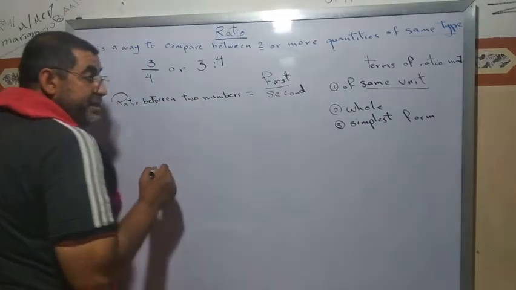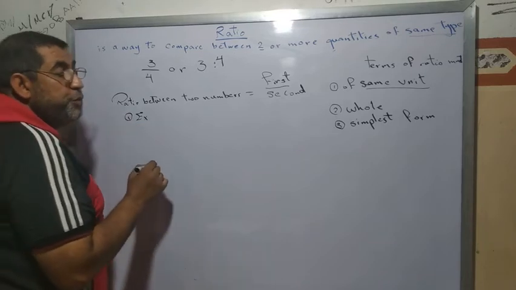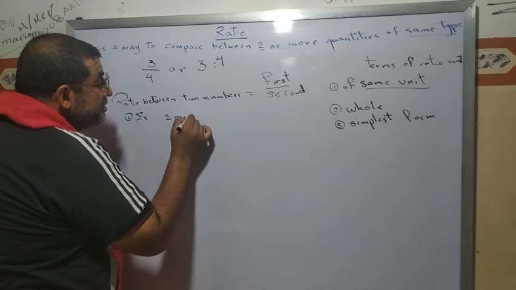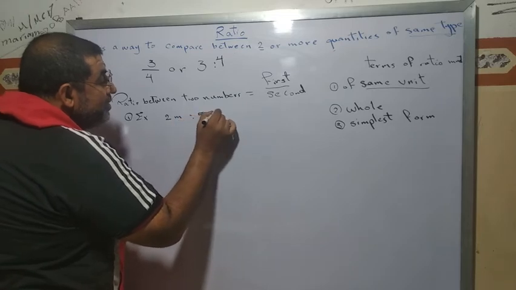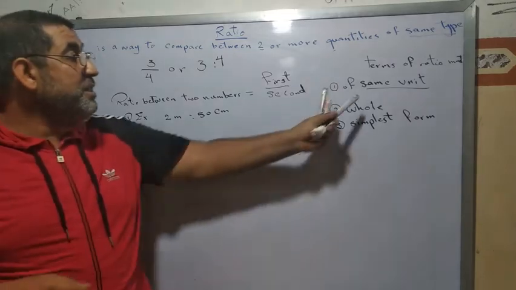Example for number 1: the ratio between 2 meters and 50 centimeters. First, we must have the same unit.